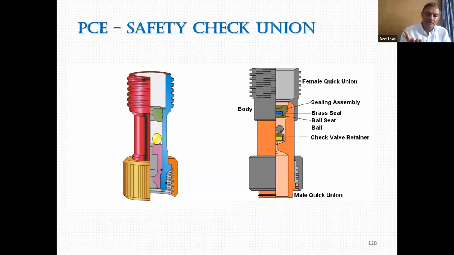What comes after? It is the well pressure. The well pressure will push it up to let it sit in the seat here, acting as a blind, preventing well pressure escaping to the surface. This is the function of the ball check valve, the Safety Check Union.